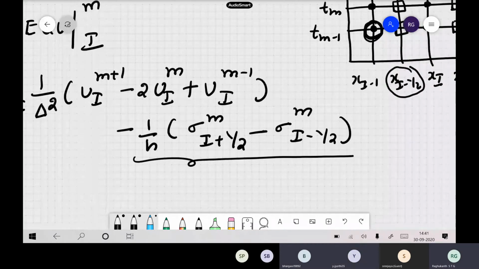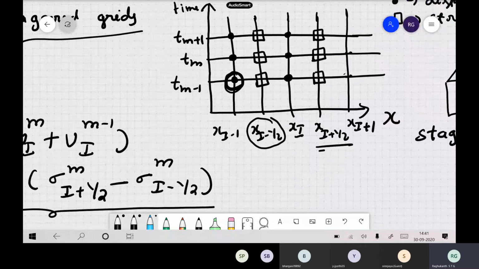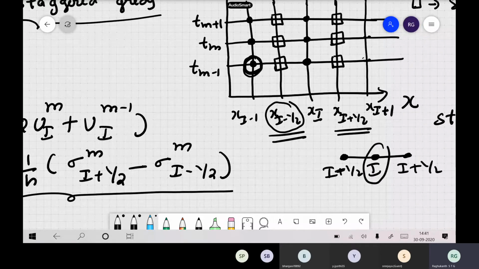You see i plus half and i minus half. Where are you computing the derivative? Only in space. When you use i minus half and i plus half, you are computing the derivative at i only, right? Now we have three points: i minus half, i, and i plus half. In central difference schemes, to compute a derivative at i, what are you doing?